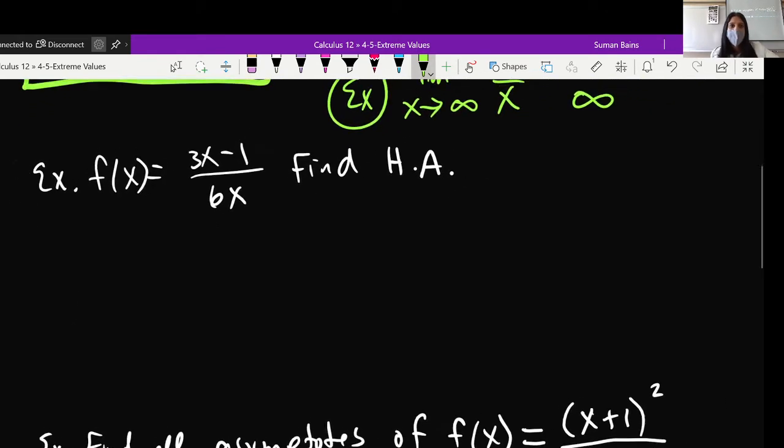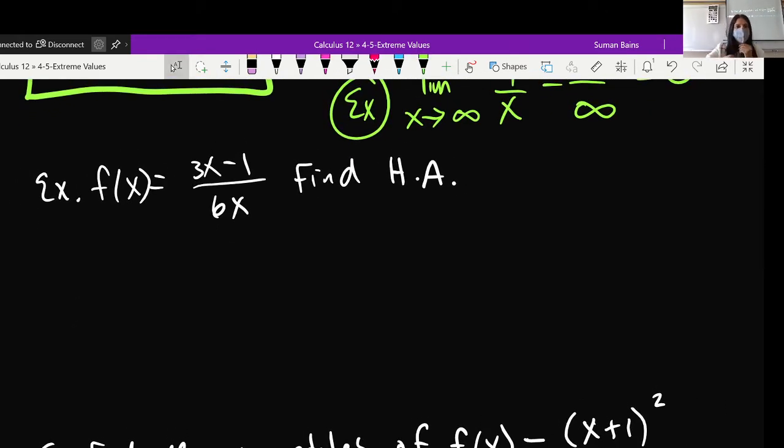So looking at this first example, if f of x equals 3x minus 1 over 6x plus something, find the horizontal asymptote. Okay, so we're going to do this using our new perspective and using this new method that we've just learned.